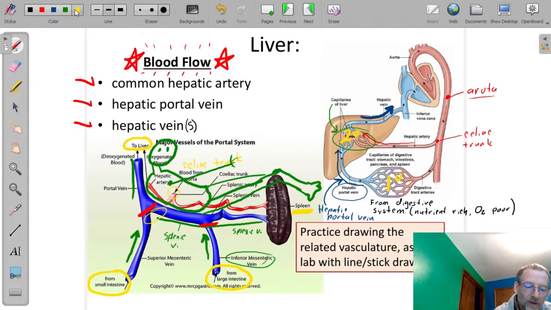And from this point on, from that red line into the liver, is the hepatic portal vein. And it's again printed in the diagram, but I'm not sure if it's large enough for you to read.